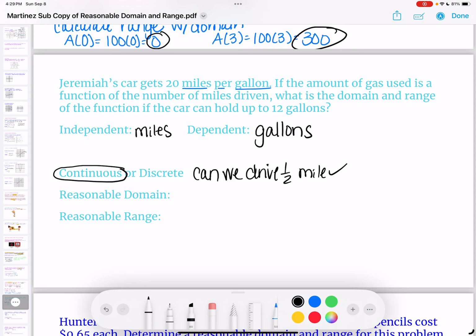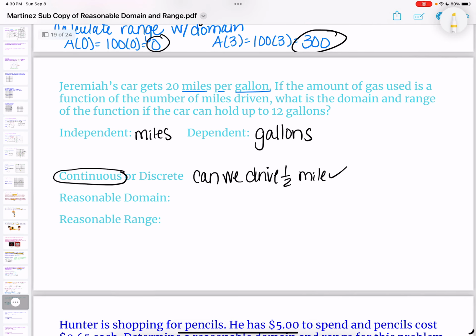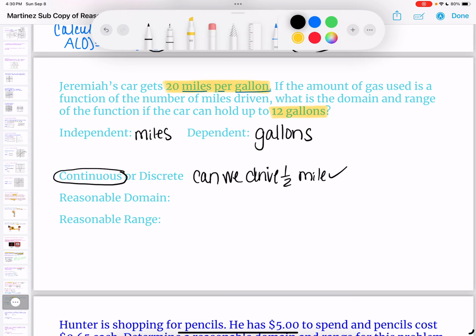So we'll start off with the range. So this right here is the max of the range. y is going to be in the middle, so the max is going to be 12. And then the minimum is going to be 0.